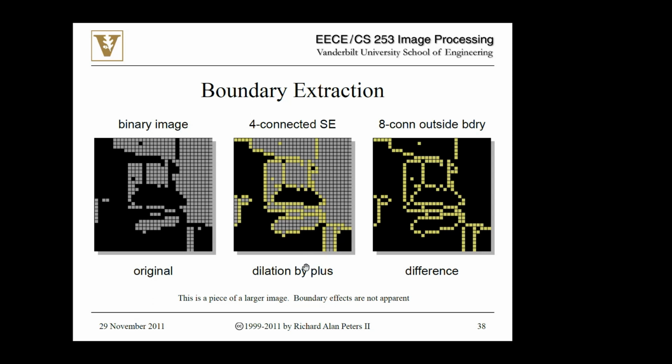And if instead of dilating with set 4, you dilate with set 8, now what you have is a 4 connected outside boundary. So in summary, you can compute boundaries as dilation minus original, or original minus erosion. Depending on which element I use for the erosion or dilation, we have 4 connected or 8 connected boundaries.